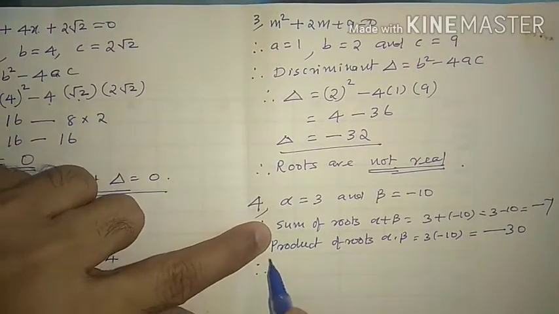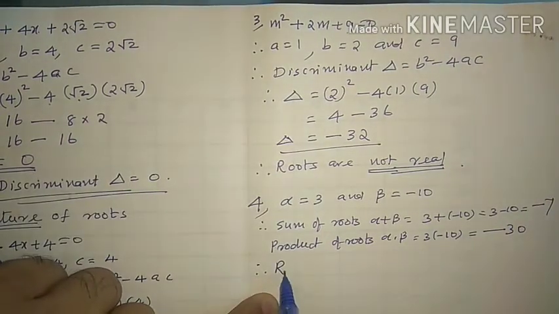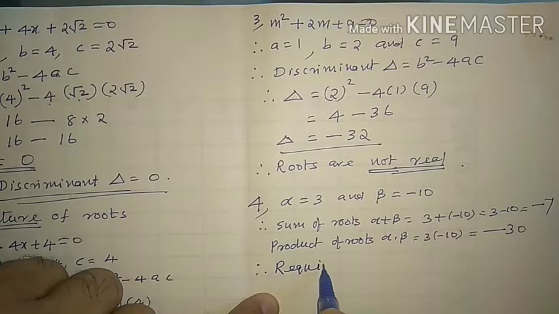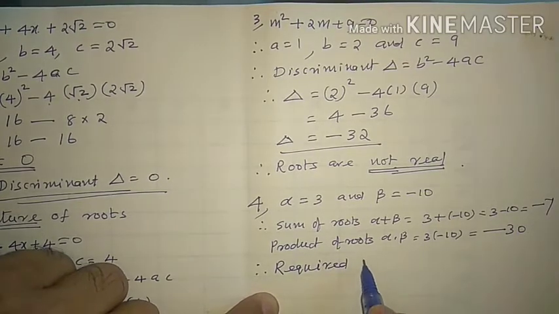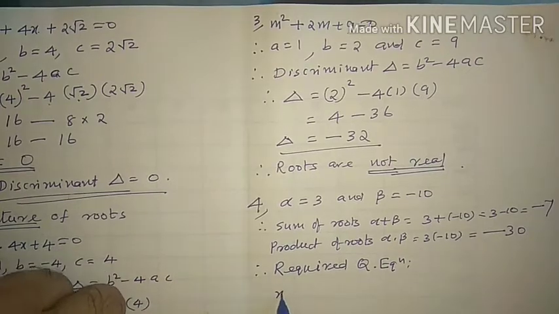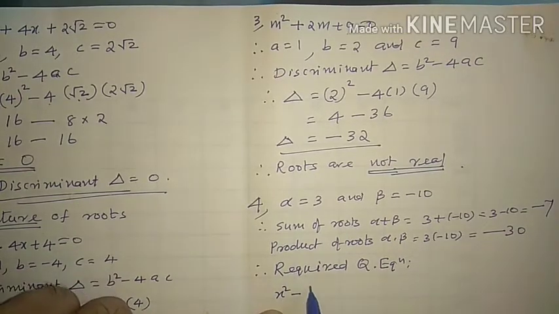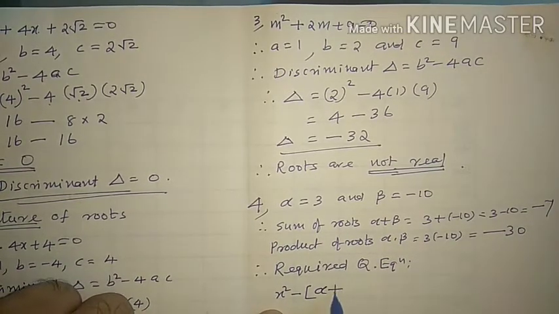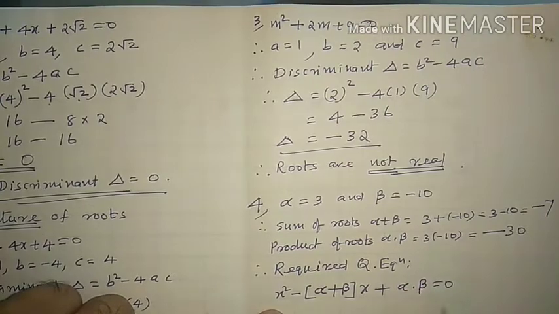Therefore we have to form the equation. The required quadratic equation, what is it? x square minus sum of roots into x plus product of roots equal to 0.